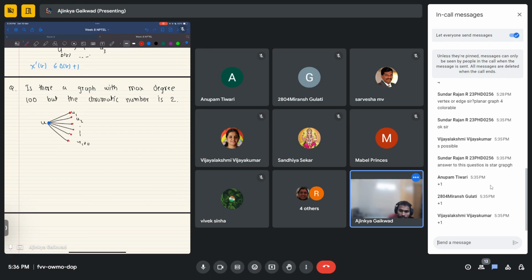So there is no good relation between chromatic number and chromatic index. Chromatic number can be very small compared to the maximum degree, but chromatic index can be either delta G or delta G plus 1. So if I replace this statement with index, then the answer is no.